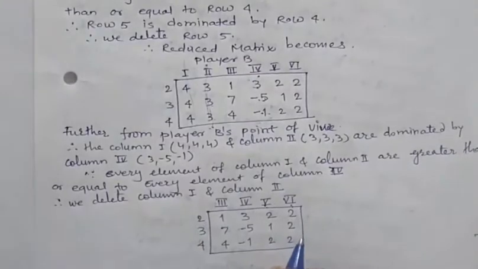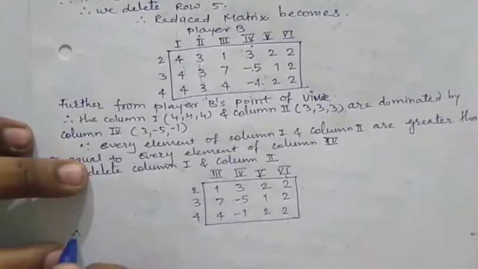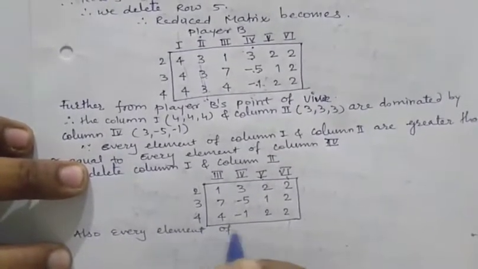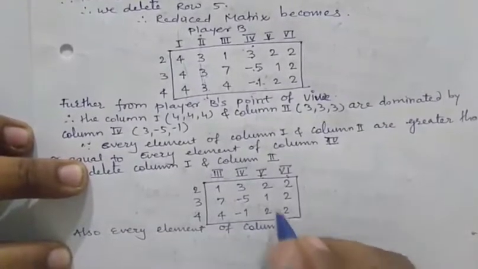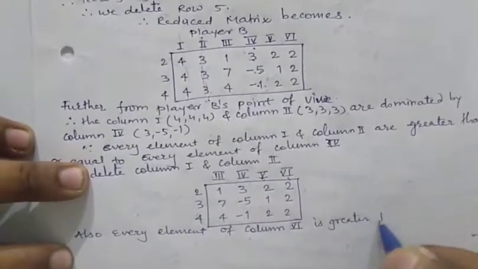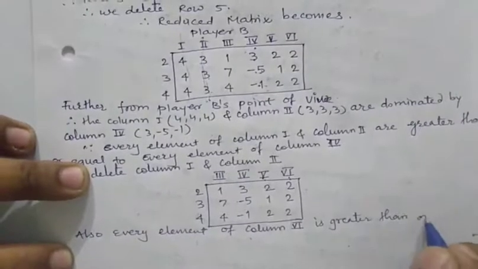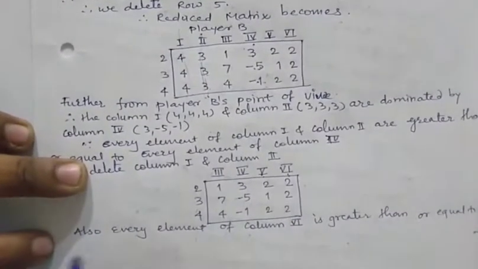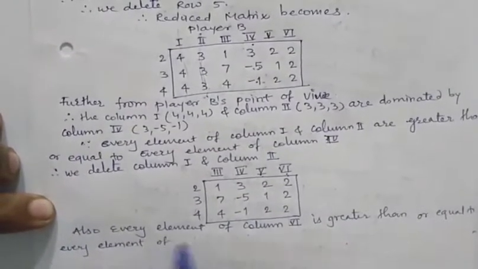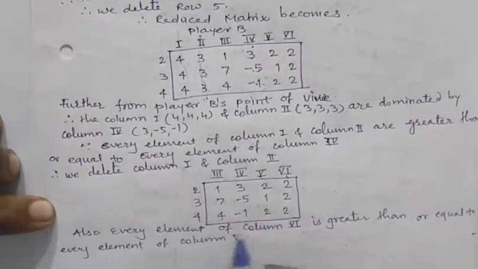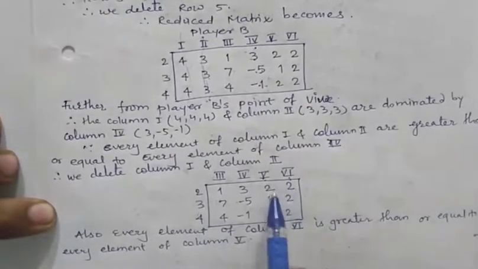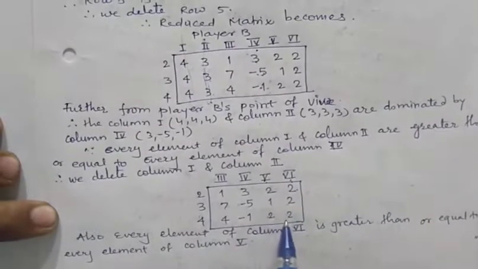Okay, also here every element of column 6 is greater than or equal to every element of column 5, because here 2 is less than or equal to 1, less than or equal to 2, and 2 is less than or equal to 2.